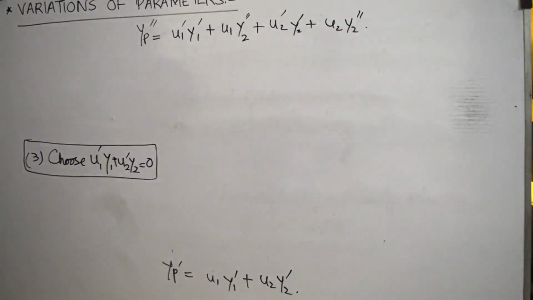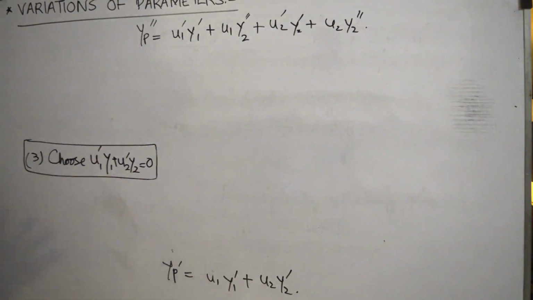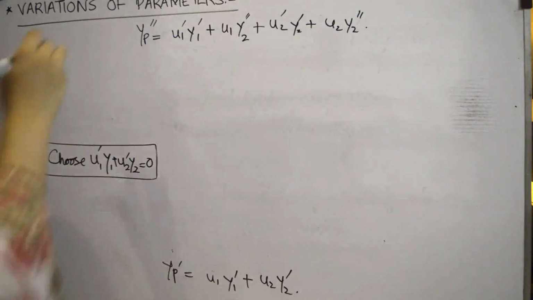Okay, that's also fine. Now you have to apply this yp double dash and yp dash and this yp, simply u1 into y1 plus u2 into y2, in the standard form of the equation. So by looking at the standard form of the equation, I am applying it here.